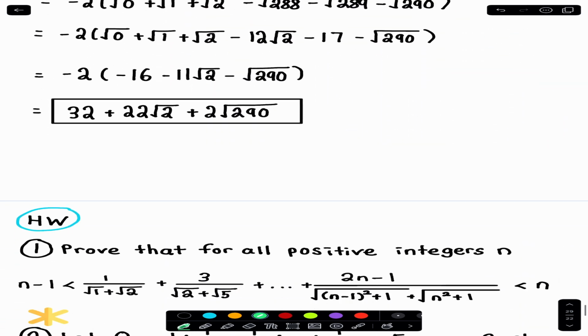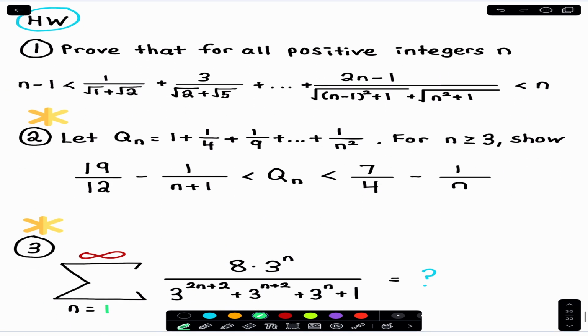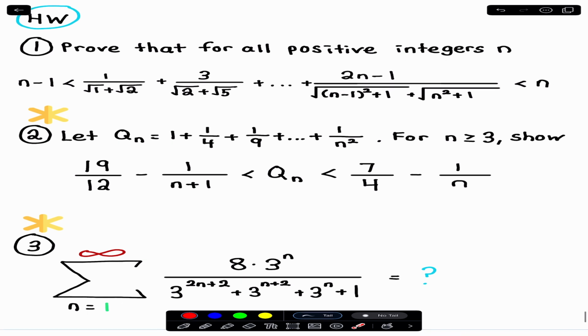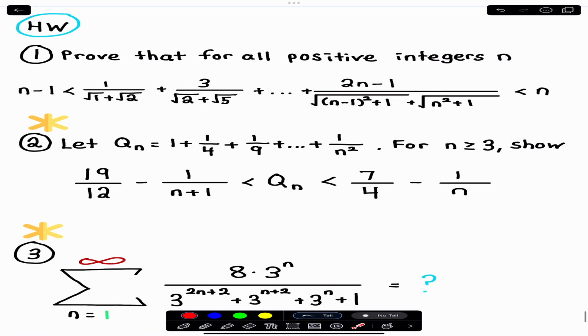Great. And now it's time for some homework. So now let's talk about your homework. Okay, so you have 3 questions. And I'd say if you understood everything we did today, this homework should be no match for you, but I will say, except for number 2, where you're going to have to get a little bit creative. So, just some little hints before we go.